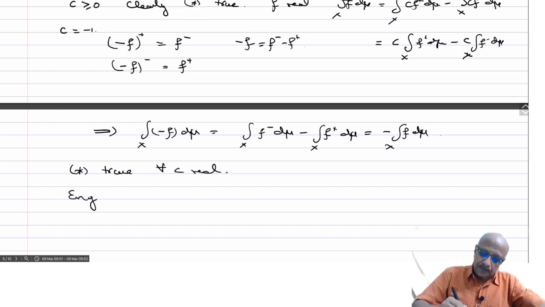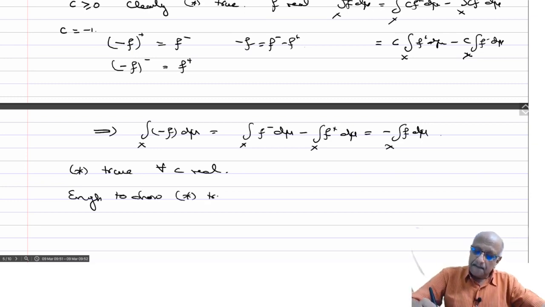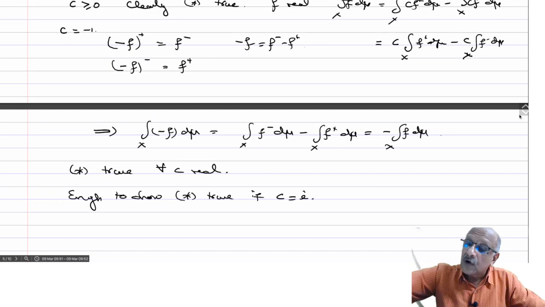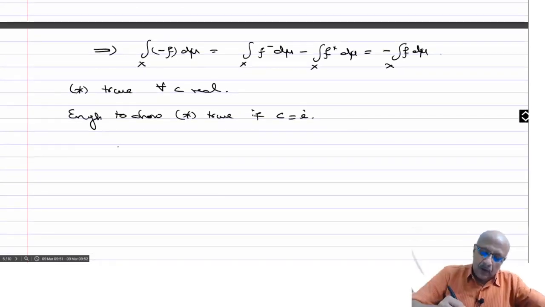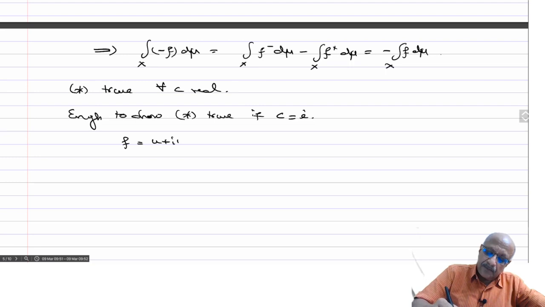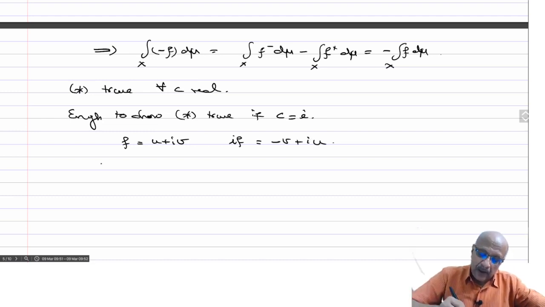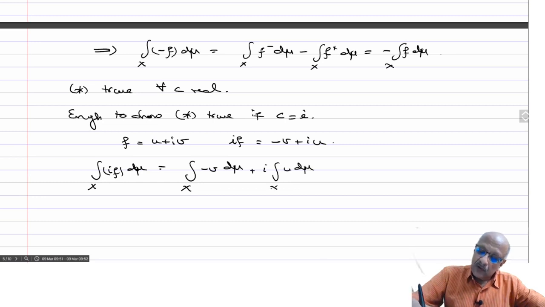It is enough to show star is true if c equals i, because then it's true for all complex numbers also. So okay, you have f equals u plus iv, and therefore if is nothing but minus v plus iu. So integral over x of if d mu is equal to integral of minus v d mu over x plus i times integral of u d mu over x.